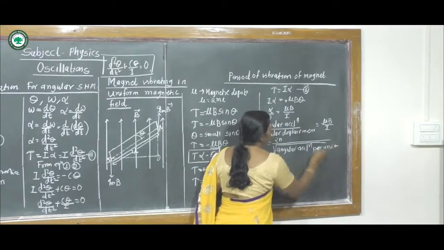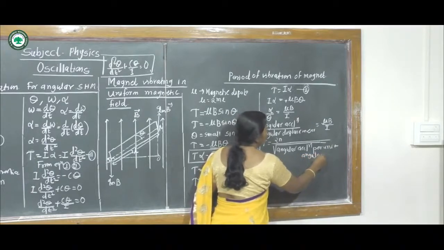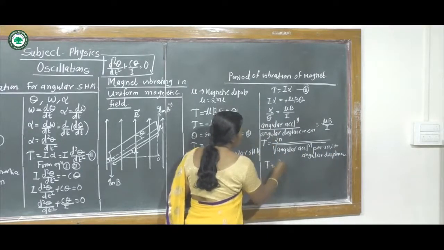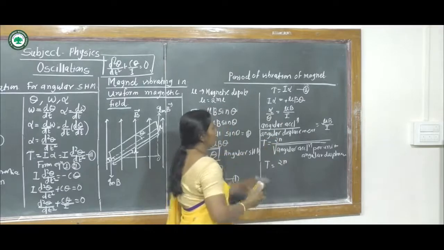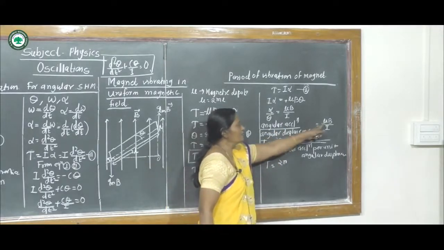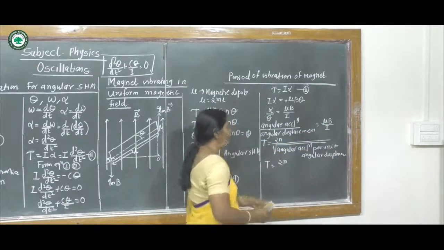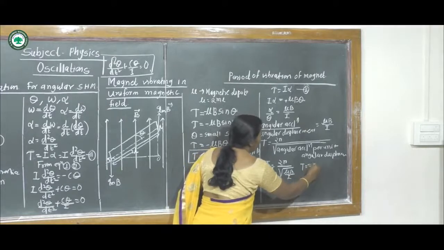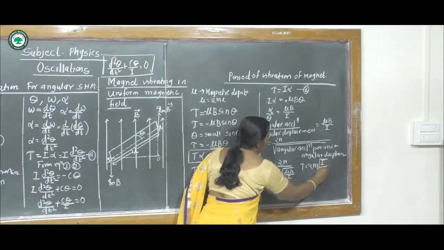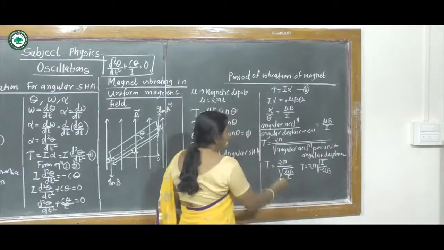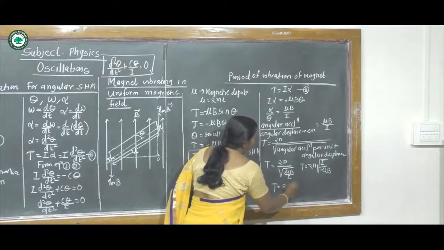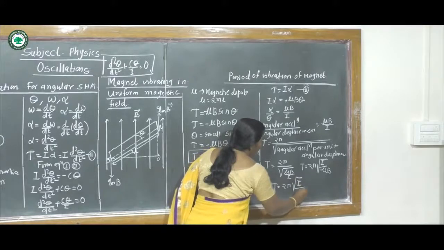Substituting the value, which is mu B divided by I, T is equal to 2 pi under root I upon mu B. That is the period of the vibrating magnet.